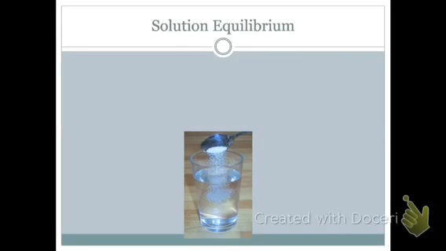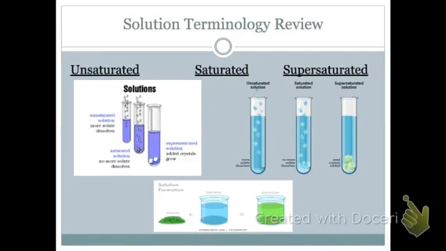The second one is solution equilibrium, and that's the rate of dissolving equals the rate of crystallization. And it occurs in saturated solutions. Now, you probably are going to need a terminology review, and there are five terms here that I'd really like you to pay attention to. The first set is going to be down at the bottom here, and that's creating a solution.